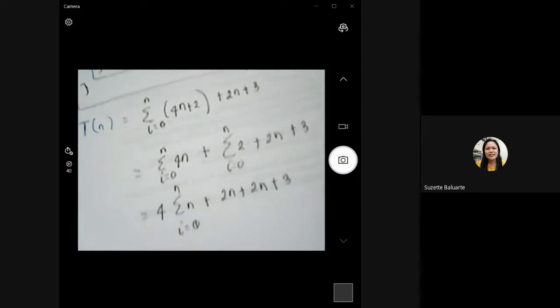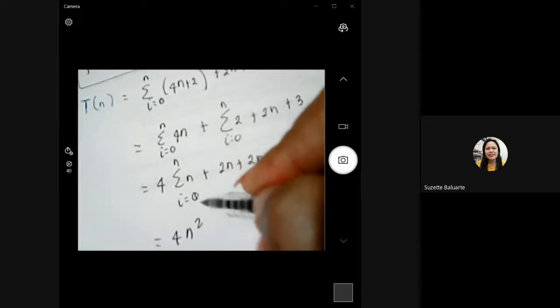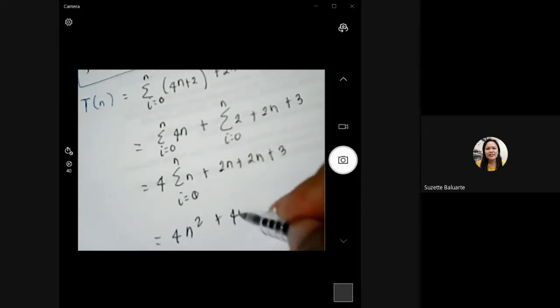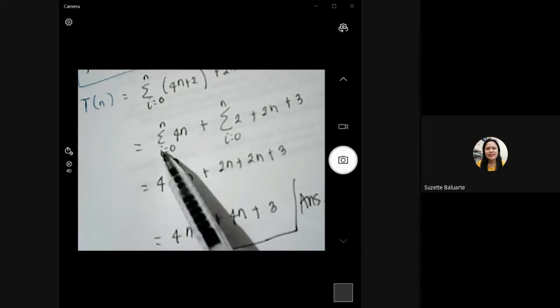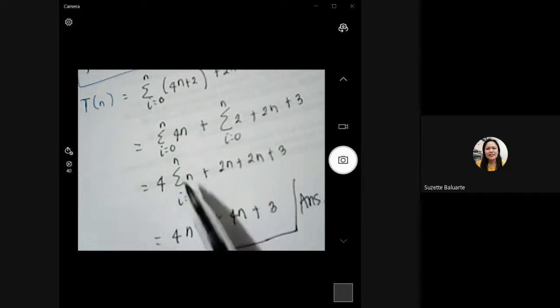Then you have 4 times n times n equals n squared, plus 2n plus 2n equals 4n, plus 3. That is your final answer. You can go directly like that, no worries, as long as it is understood.